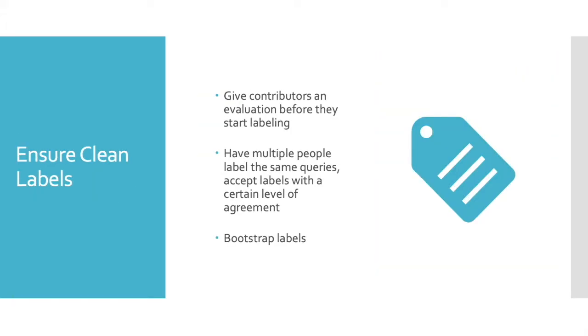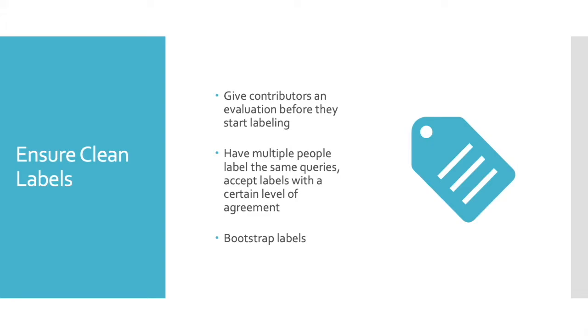In addition to the text itself, remember that we want to collect labels for our models. It's incredibly important that these labels are clean, because without clean labels, our model can't learn. If you use crowdsourcing tools or data teams for this, you should give contributors some training and evaluation before they start labeling. And this can be as simple as a few example queries and a few queries that are used as a test to make sure that the labelers understand the task.